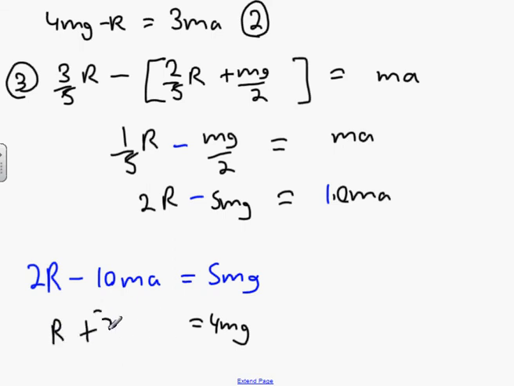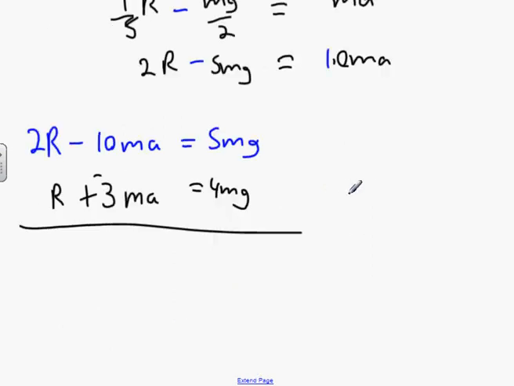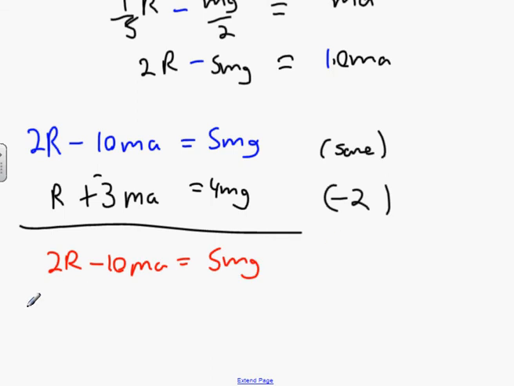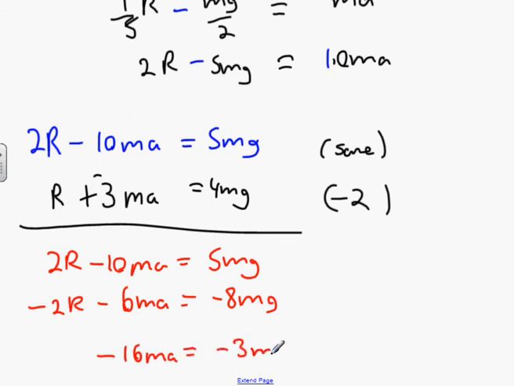Now, what I'm going to do here is multiply the bottom one by minus 2, leave the top one the same, and what we're going to get is, I'll just change it here, actually, 2r minus 10ma equals 5mg, take away minus 2r minus 6ma equals minus 8mg, minus 16ma equals minus 3mg.